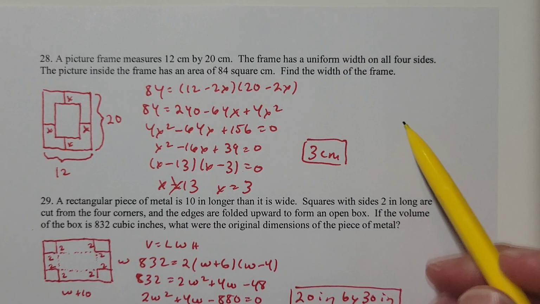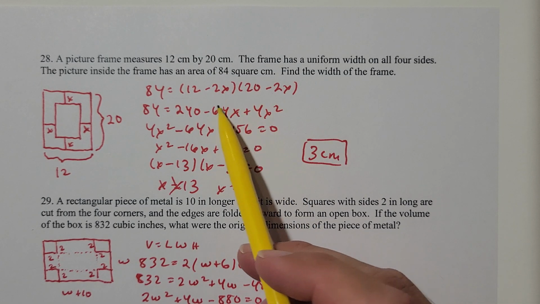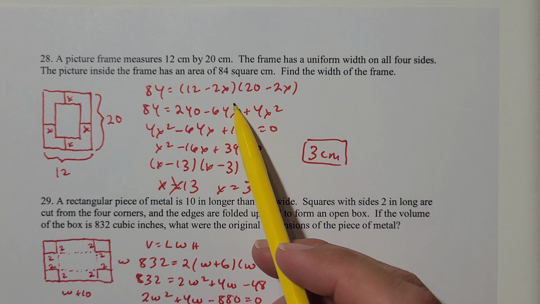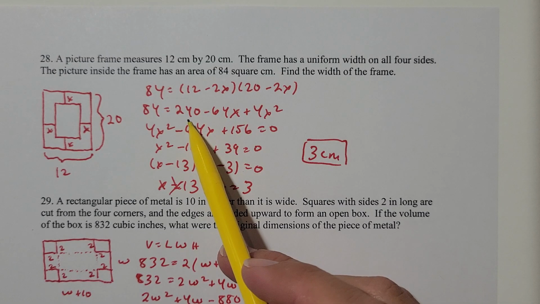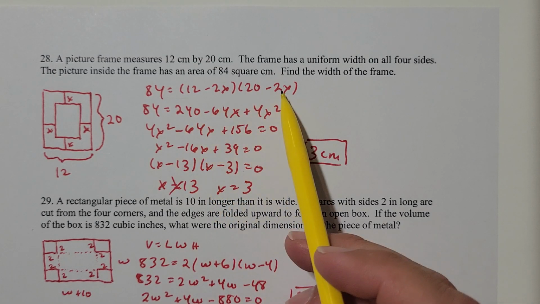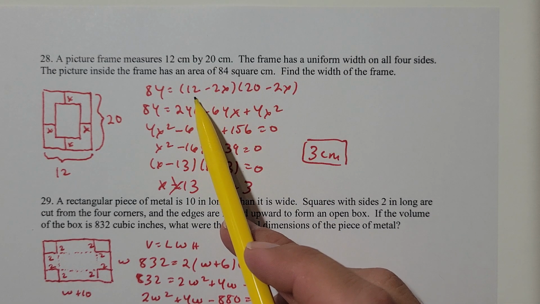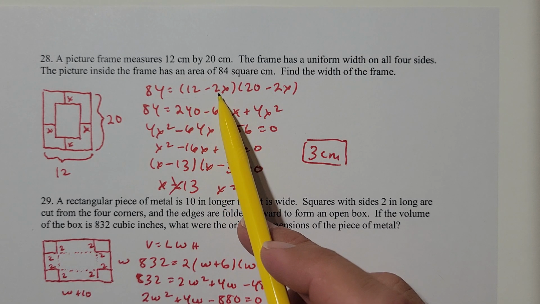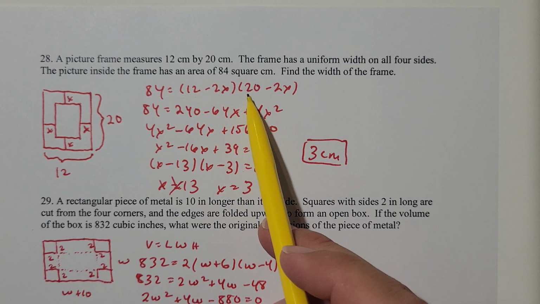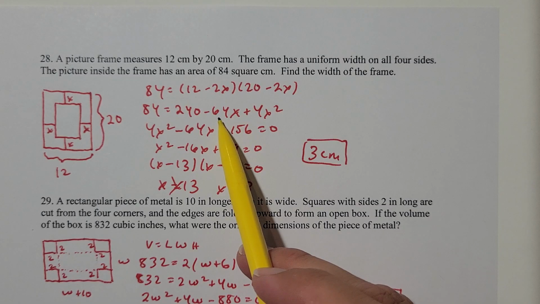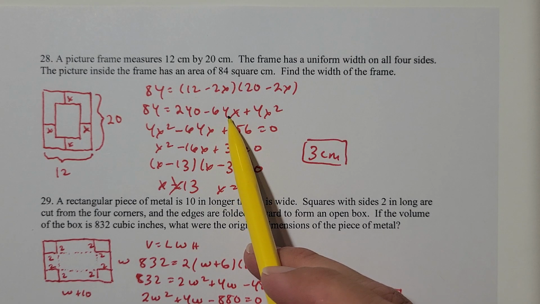Let me go ahead and FOIL out the right. 12 times 20 is 240. And then negative 24x minus 40x, that'd be minus 64x in the middle.